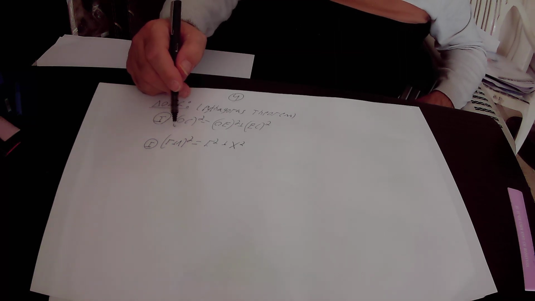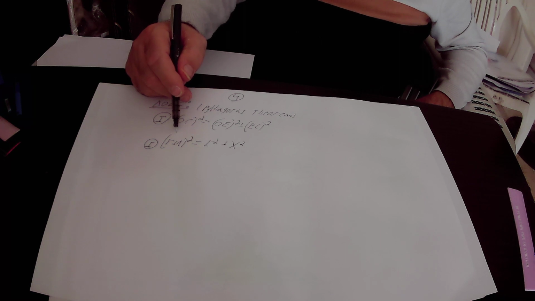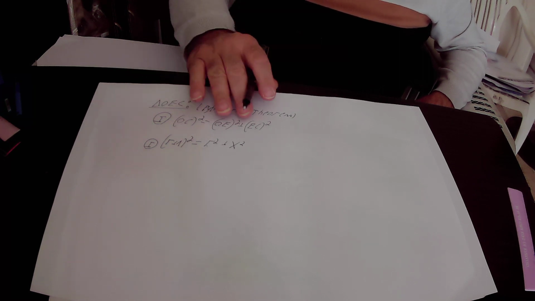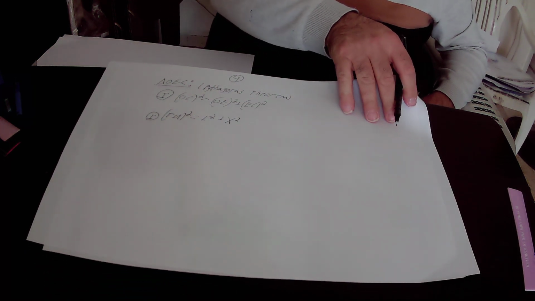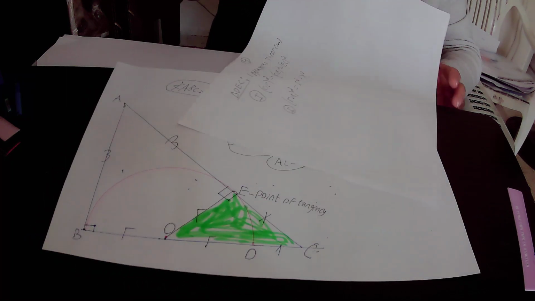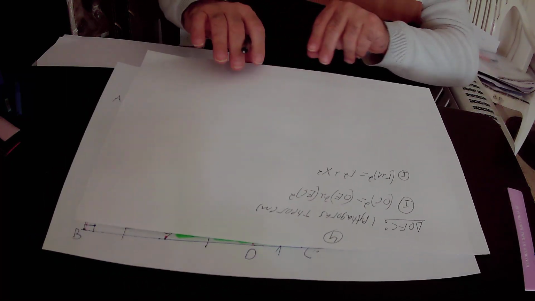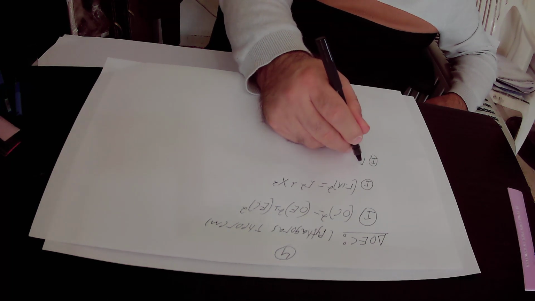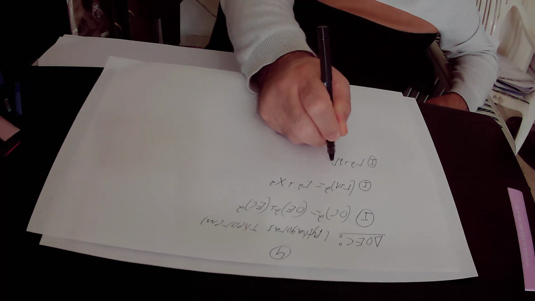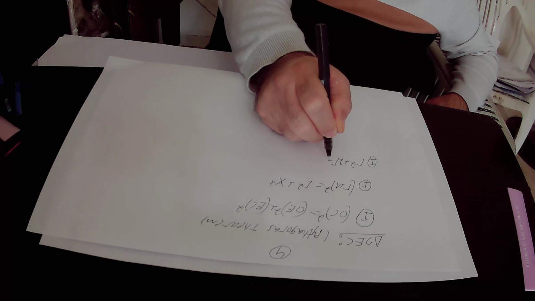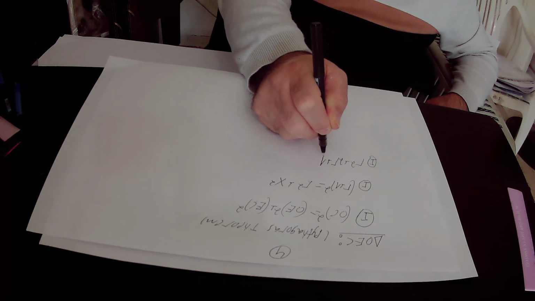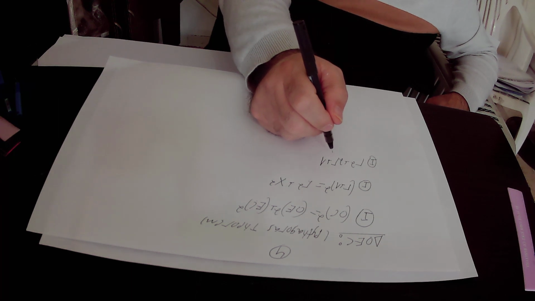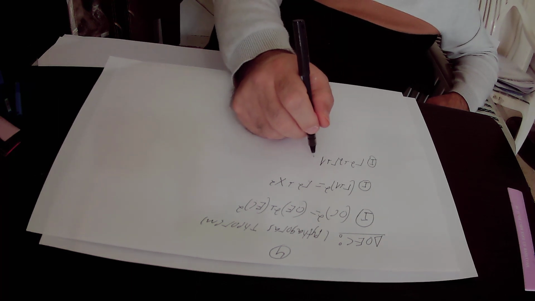We will open the brackets of (R plus 1) square, and we will get that (R plus 1) square equals R square plus 1 plus 2R, according to the algebraic identity that (A plus B) square equals A square plus B square plus 2 times AB.